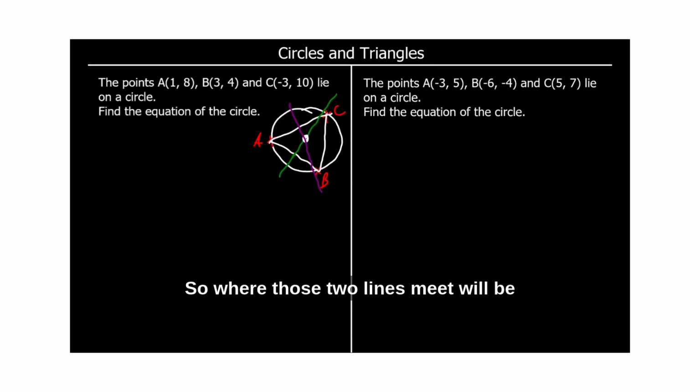So where those two lines meet will be the center. So we can find the perpendicular bisector of one line, the perpendicular bisector of the other line, solve them simultaneously to find their intersection, which will be the center, and then we can go to the equation of the circle using the center.